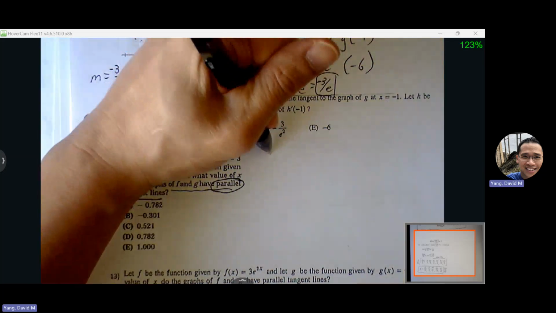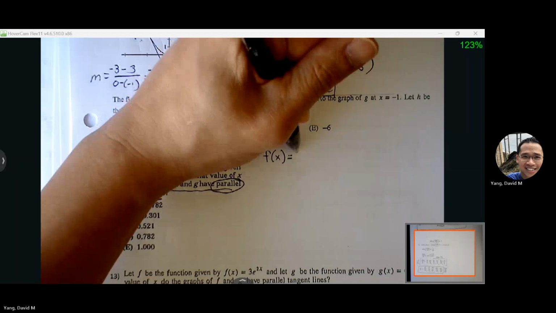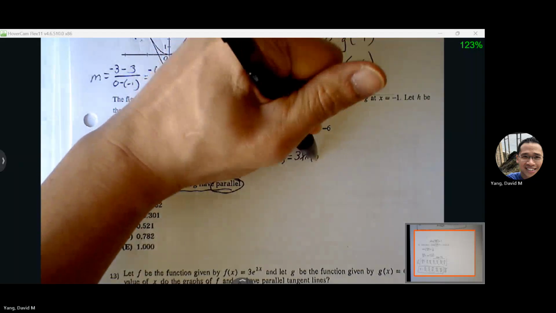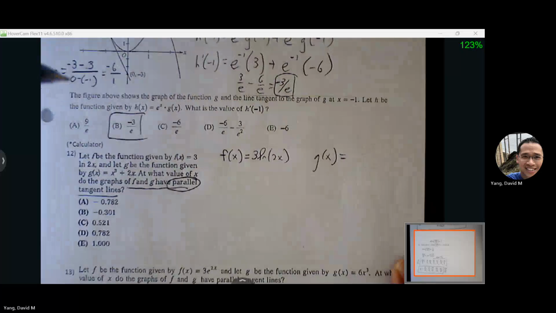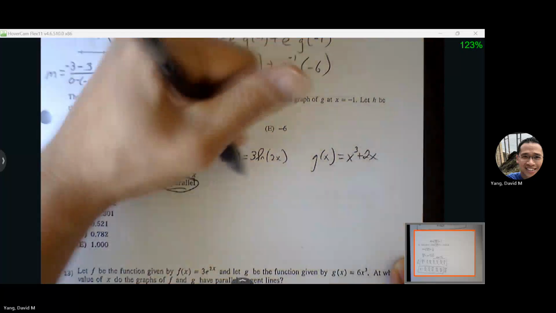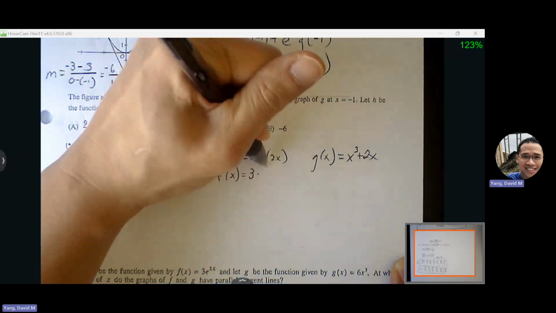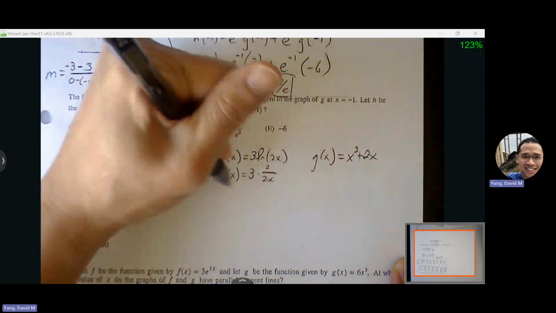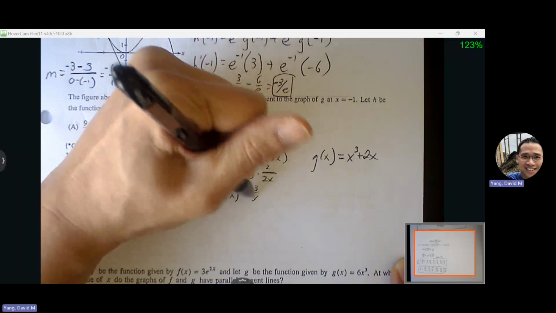So we can just find f prime and g prime and set them equal to each other. So f prime is just 3 times 2 over 2x, which is the same thing as just 3 over x.